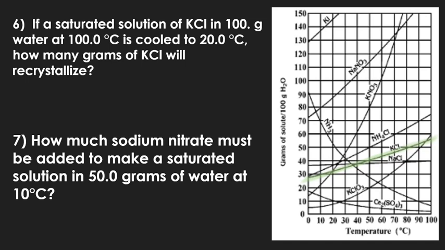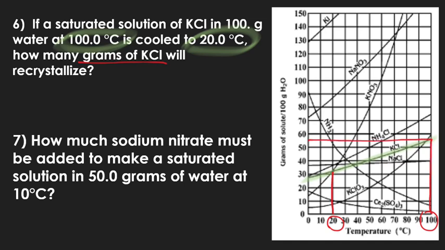It's at 100 degrees Celsius when it's saturated, and then it's cooled down to 20 degrees Celsius, and it asks us how many grams of KCl will recrystallize. So we are going to be following these temperatures, this 100 and this 20, up to our KCl line in order to find 2 different grams.